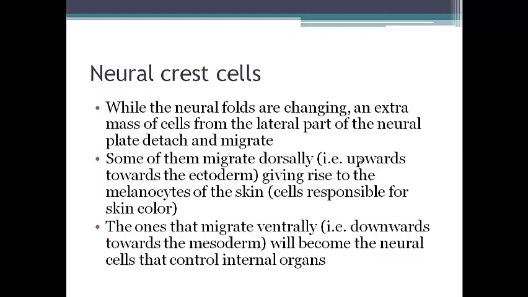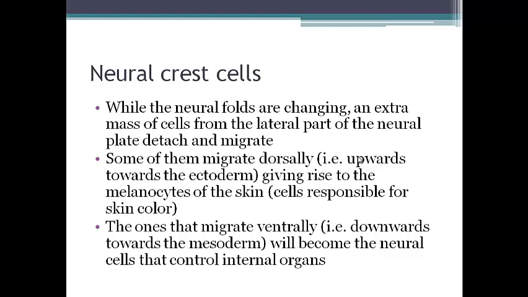If you remember the initial picture with the four stages from A to D, even though the neural folds were elevating and fusing, there was still a little part of the neural plate left laterally. A mass of cells will detach from that part of the neural plate, and they will migrate, moving around different parts of the developing embryonic disc.